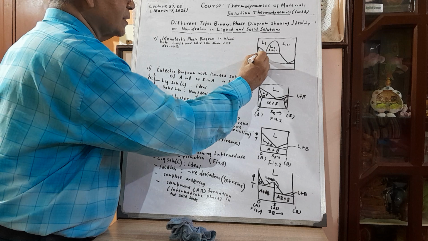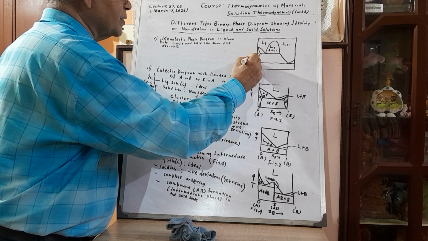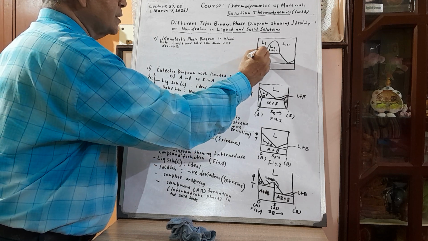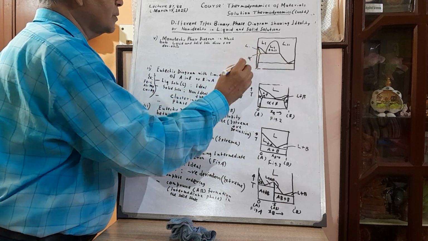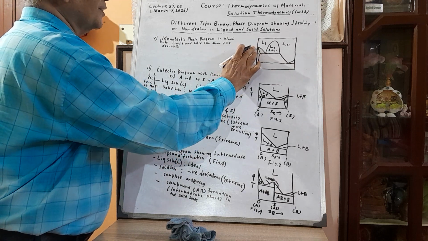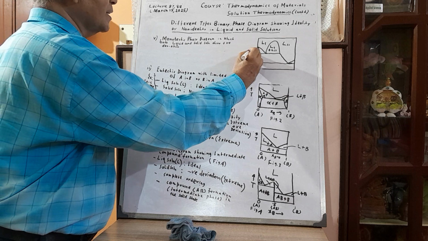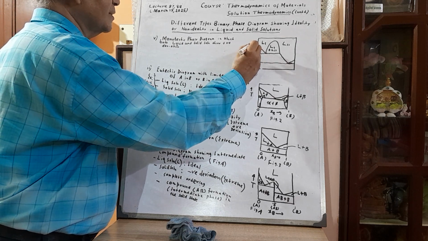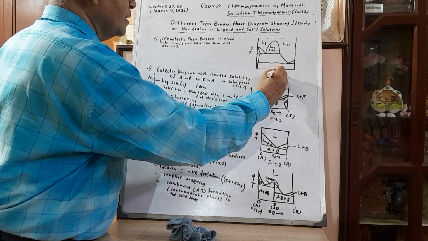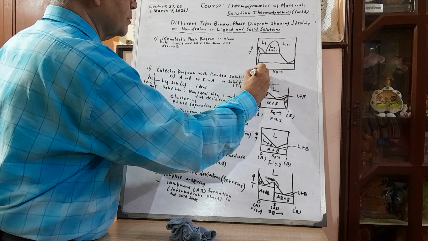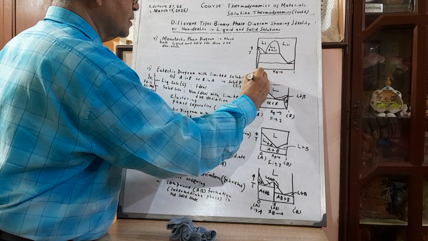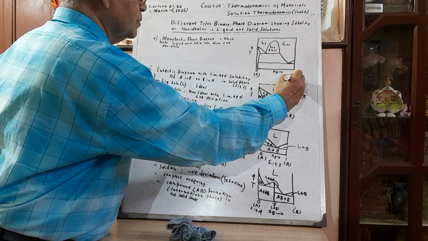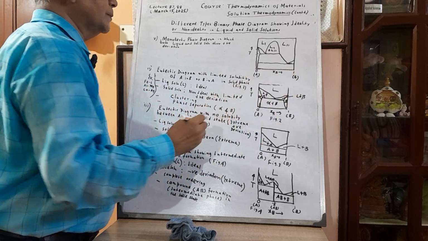This is your alpha phase. Temperature against XB, as before, 0 to 1, pure A to pure B.